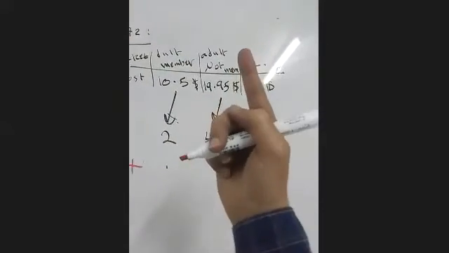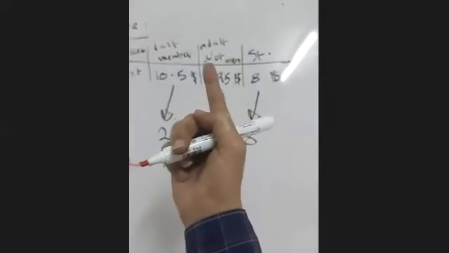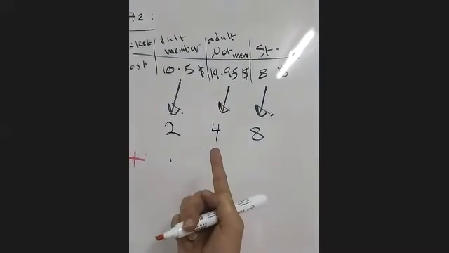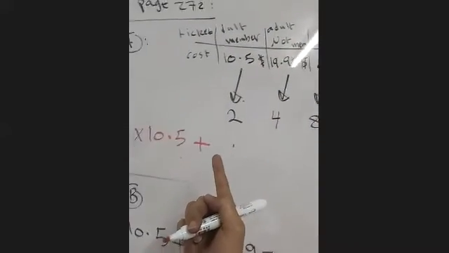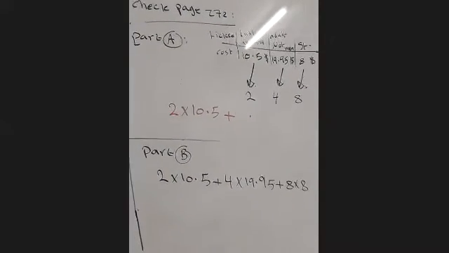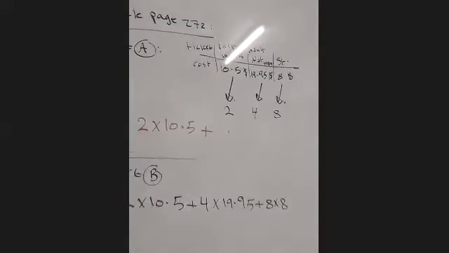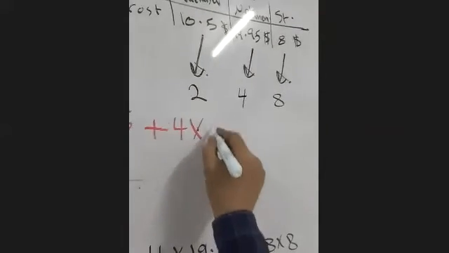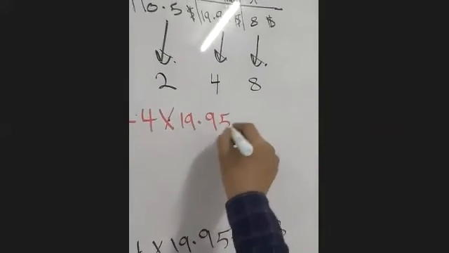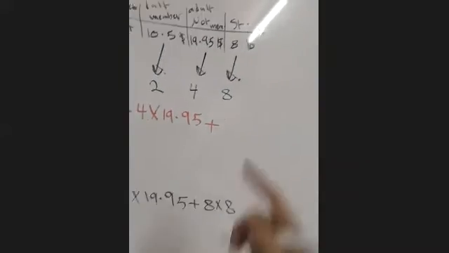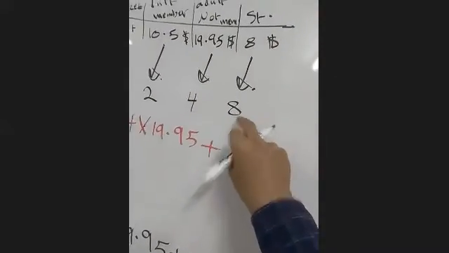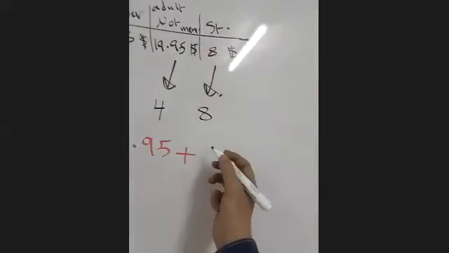If one ticket for an adult who is not a member is 19.95, and you have 4 adult non-members, what will the cost be? Also multiply, 4 multiply 19.95, plus, if one ticket for one student is $8, and I have 8 students, how much will they pay?